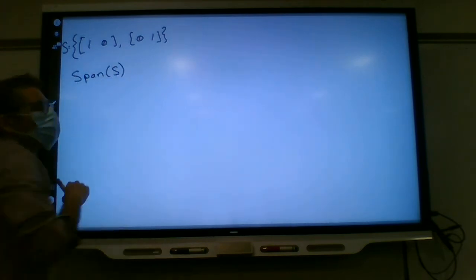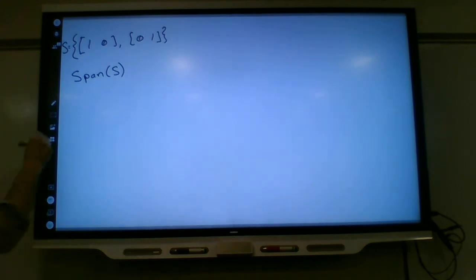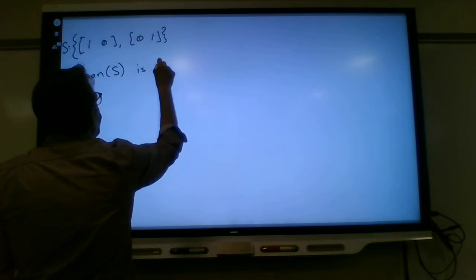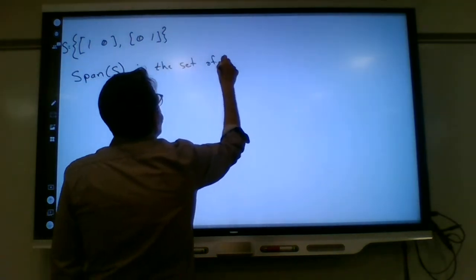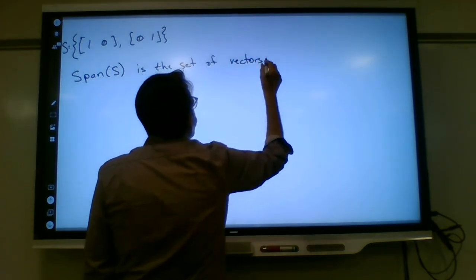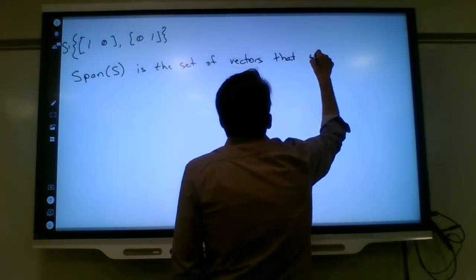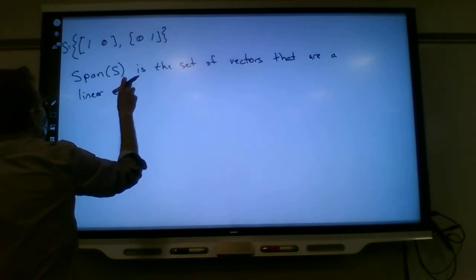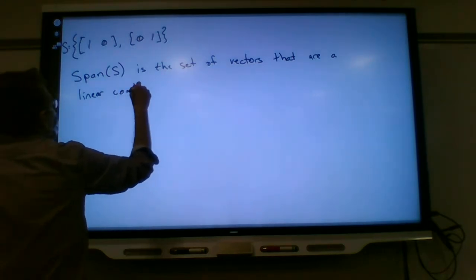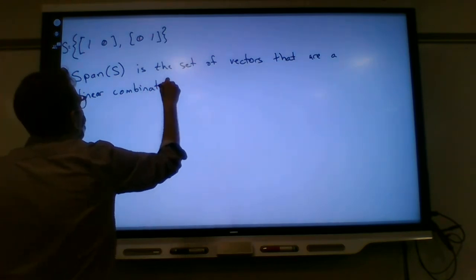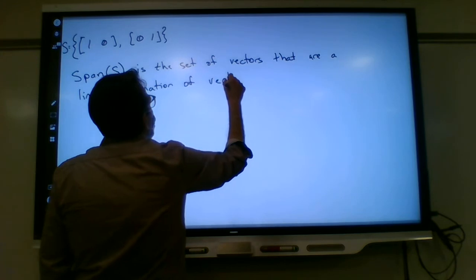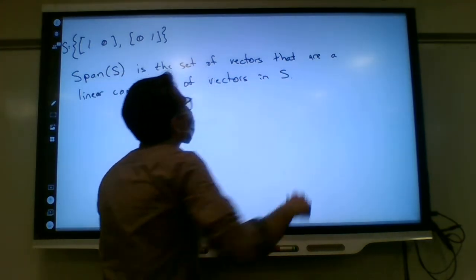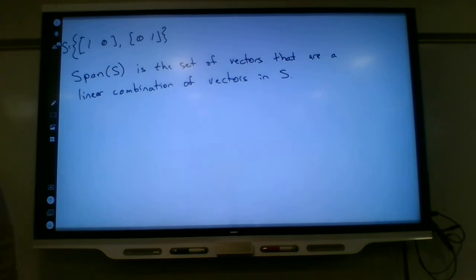The span of S is another set. The span of S is the set of vectors that are a linear combination of vectors in S. In other words, these are all the vectors that you can construct from those pieces.